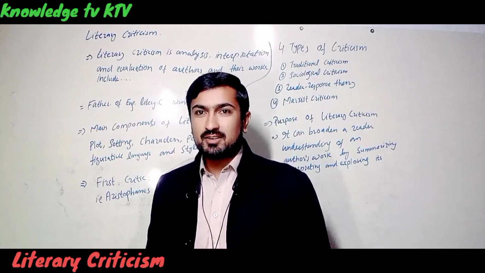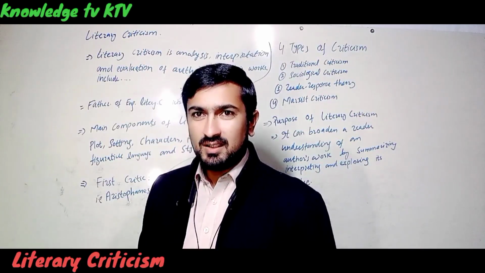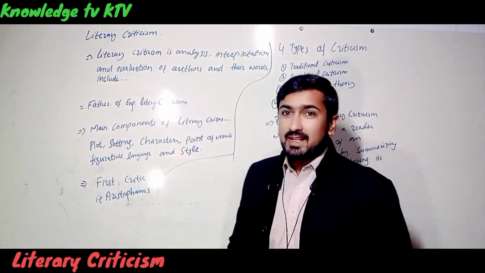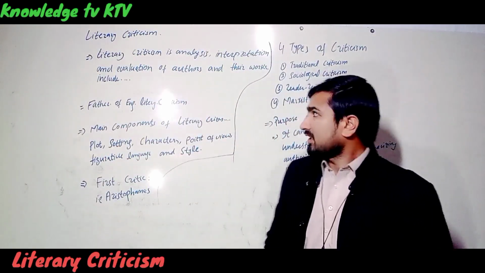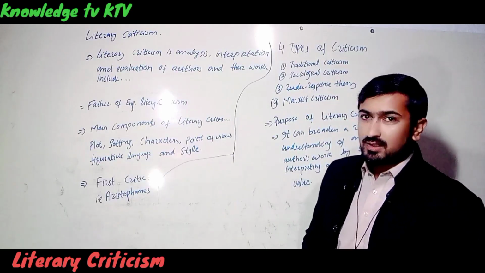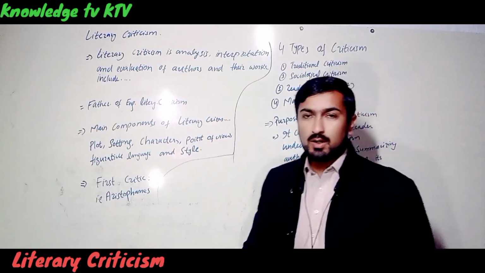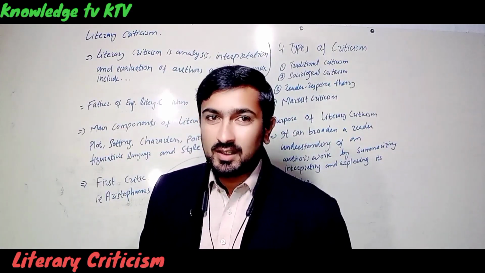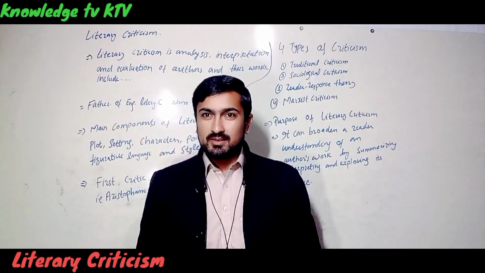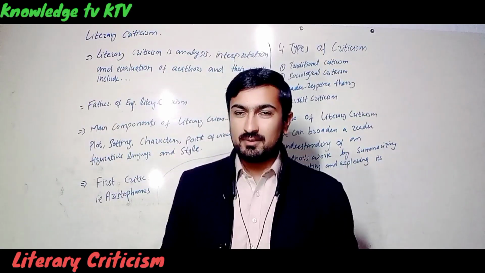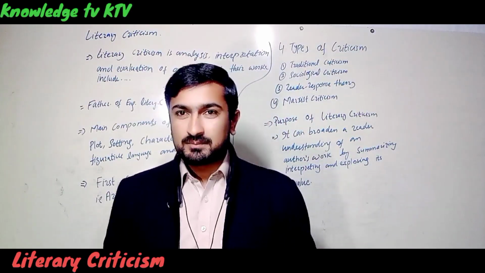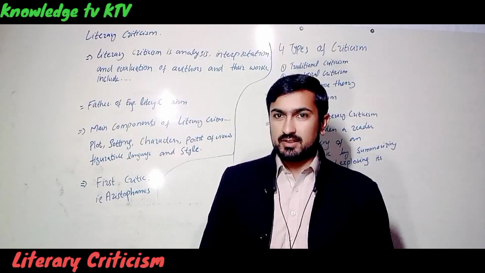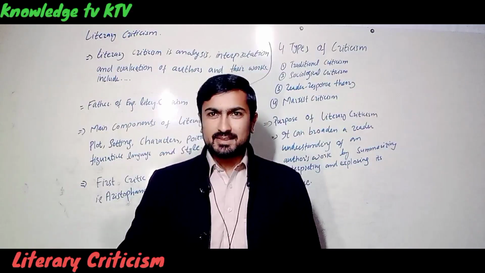types in literary criticisms. Okay, so literary criticisms is analysis, interpretations, and evaluations of authors and their works. Literary criticism is the interpretations, for example, you are studying novels, poems, plays, and so many other works, other genres of literatures, and you analyze the things.